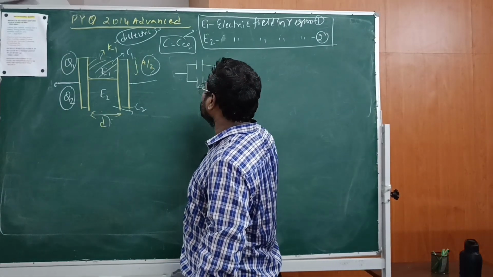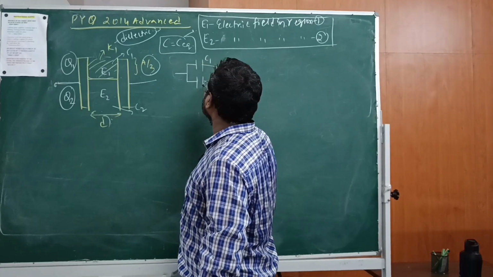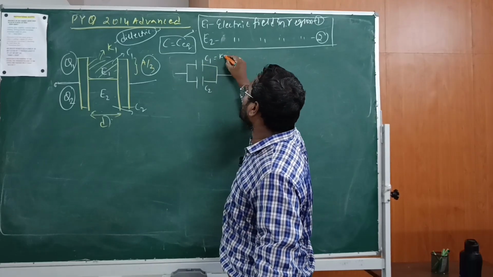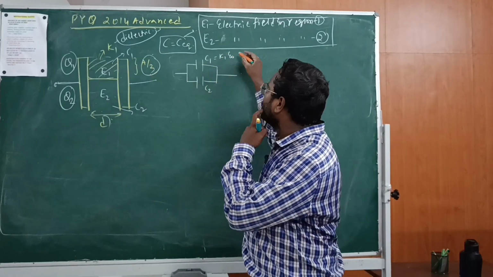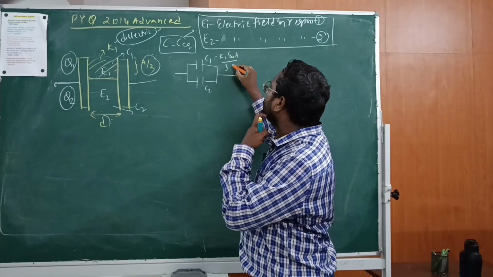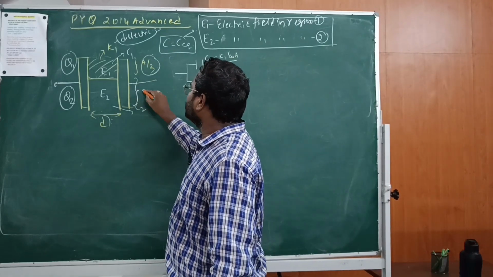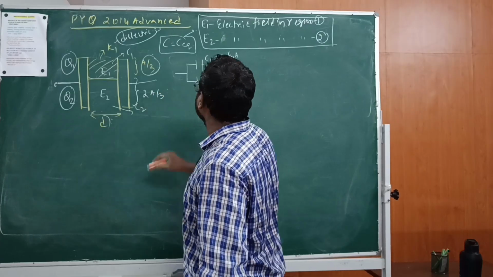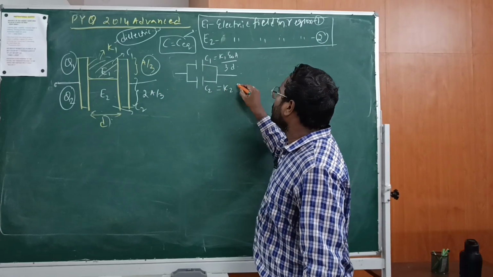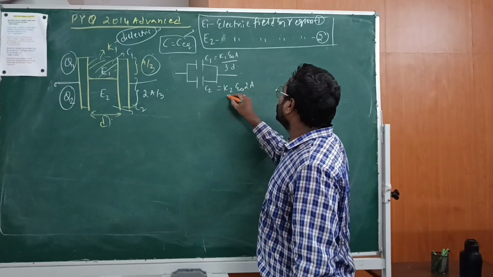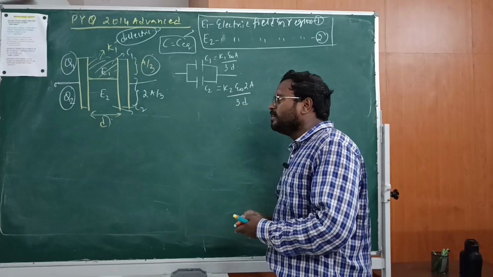So if we take this as C1, this is C2. C1 we can write as K1 epsilon naught A by 3 into D, where D is the same. If this is A by 3, what will be this area? 2A by 3 will be the area. So what is C2? K2 epsilon naught 2A by 3D, the distance between them is the same.